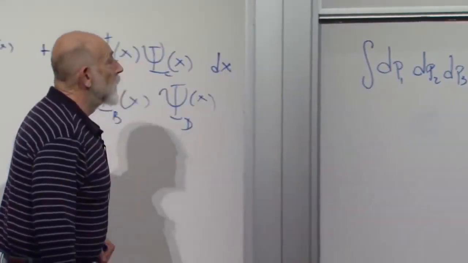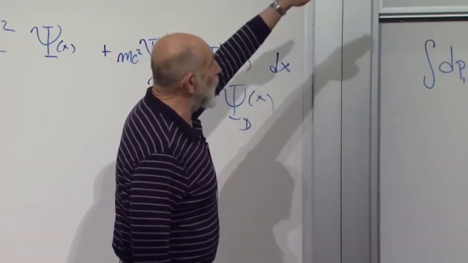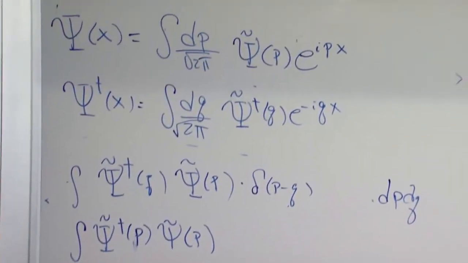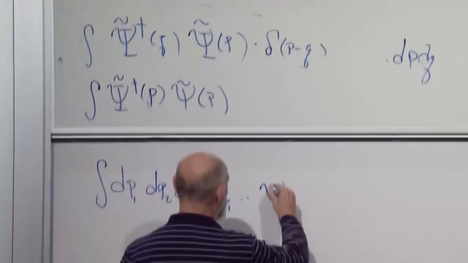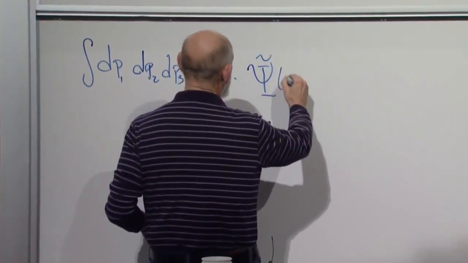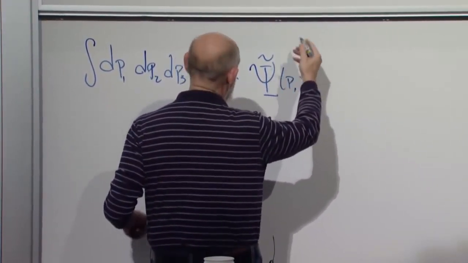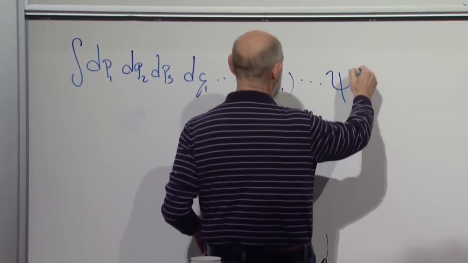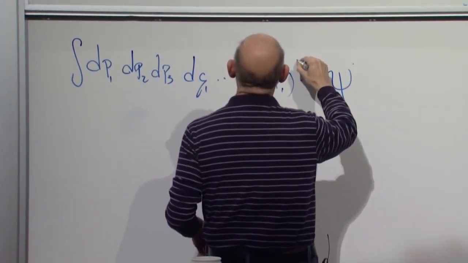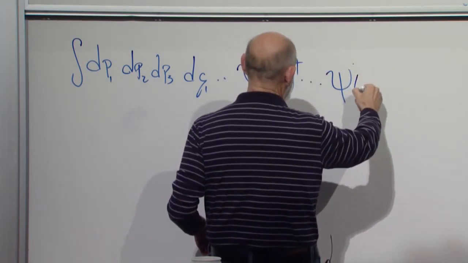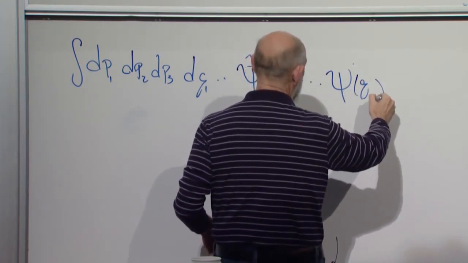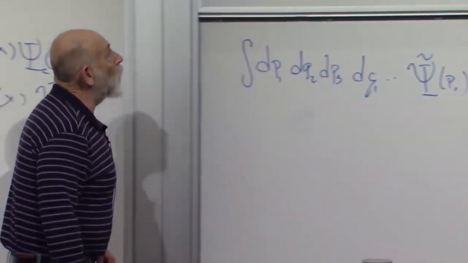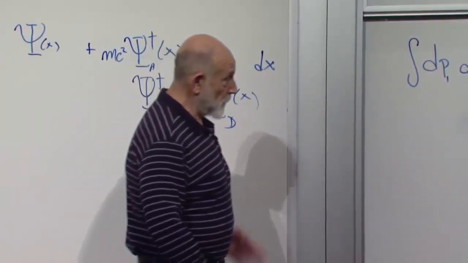And then we have a bunch of creation and annihilation operators of exactly the same kind, except many of them now. Psi twiddle of p1, dot, dot, dot. Psi daggers, of q1, dot, dot, dot. But then the all-important exponentials.